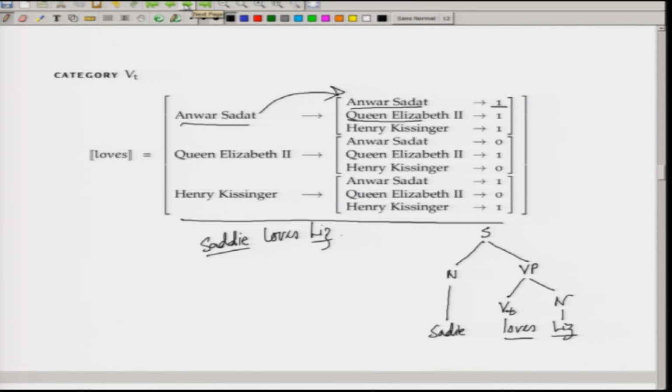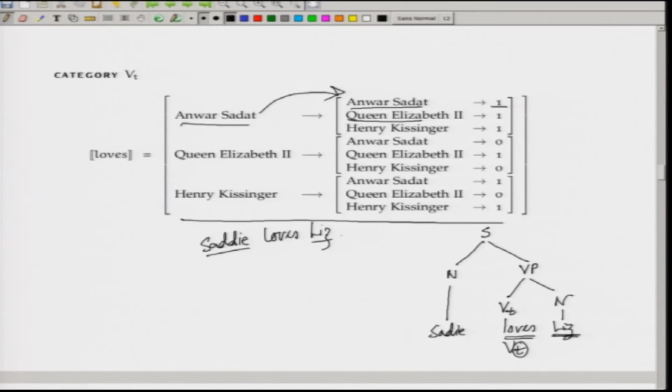Then what will be the truth value? Now, Liz unites loves. So, the 2 place predicate or the VT does not take the lover first, it takes the beloved first. According to the grammatical rule, according to the syntactic rules, it takes the beloved first. So, it takes the object first and then the subject.